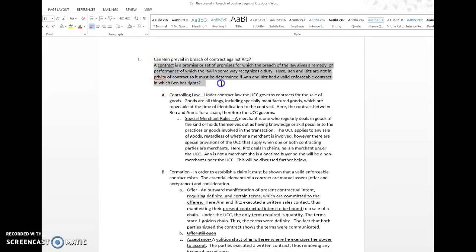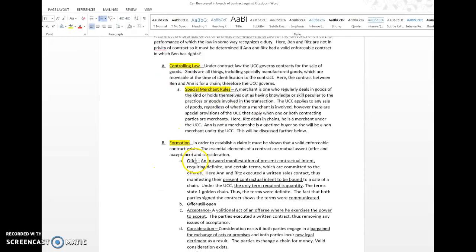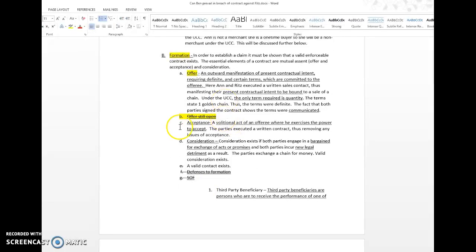Right here, I went through and I described contract. But what you'll notice is that I outlined it like I told you guys. I did my controlling law. I did my special merchant rule. I did my formation. Under formation, I had my offer. I always do is the offer still open. As you can see, I crossed it out because I didn't need to discuss it, so that wouldn't be on there when I was writing this for real.